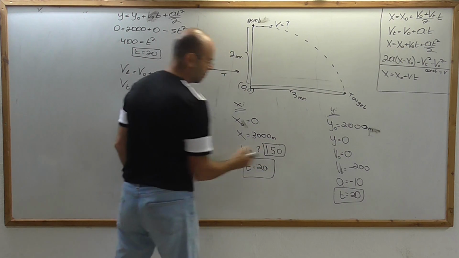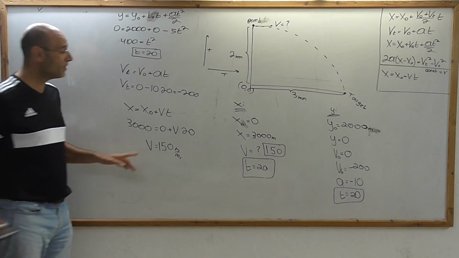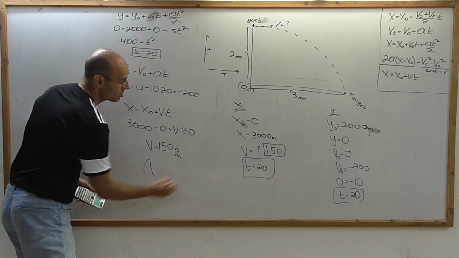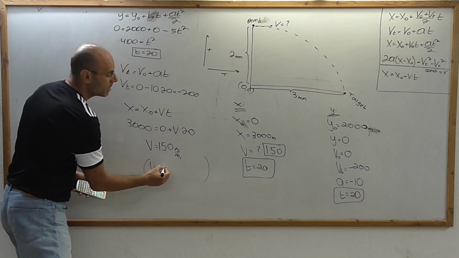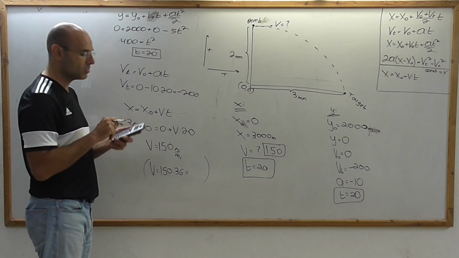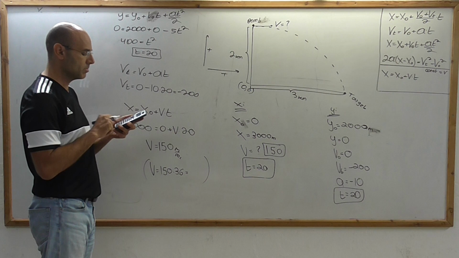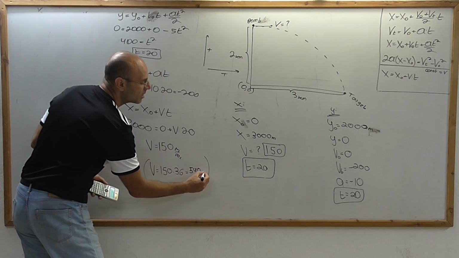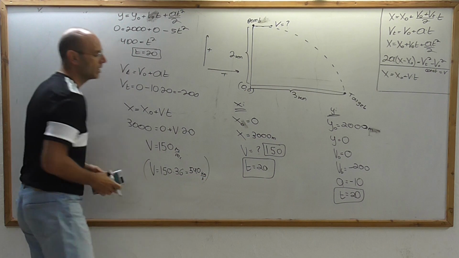If I want to find it in kilometers per hour, you can multiply it by 3.6. Multiply by 3.6, it's 540 kilometers per hour.